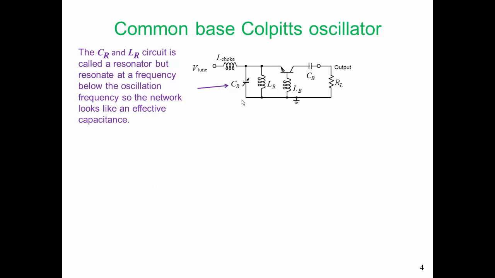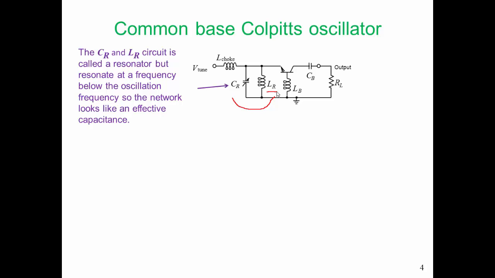One of the characteristics of this topology is this resonator network here, made up of CR and LR. That is called a resonator, but it is resonant at a frequency below the oscillation frequency of the oscillator. So CR and LR resonate below the frequency of oscillation.